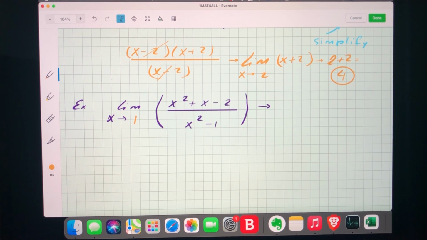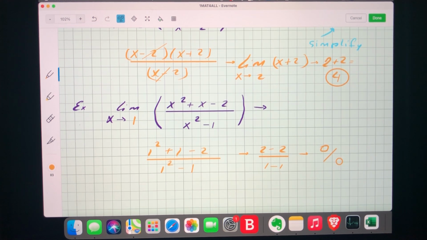So if we plug in 1, we will get 1 squared plus 1 minus 2 divided by 1 squared minus 1. Well, 1 squared happens to be 1, so we have 1 plus 1, that's 2, minus 2 divided by 1 minus 1. Once again, that's 0 over 0, which is an indeterminate form.